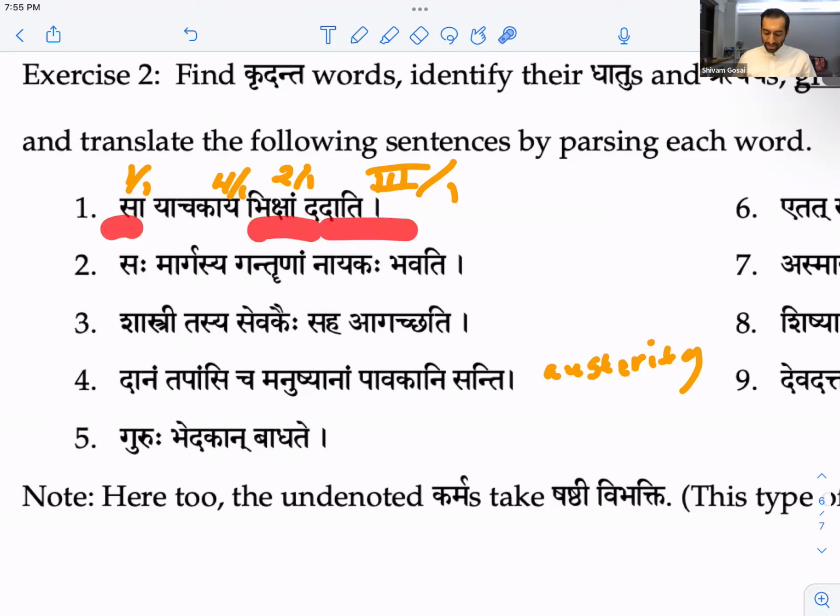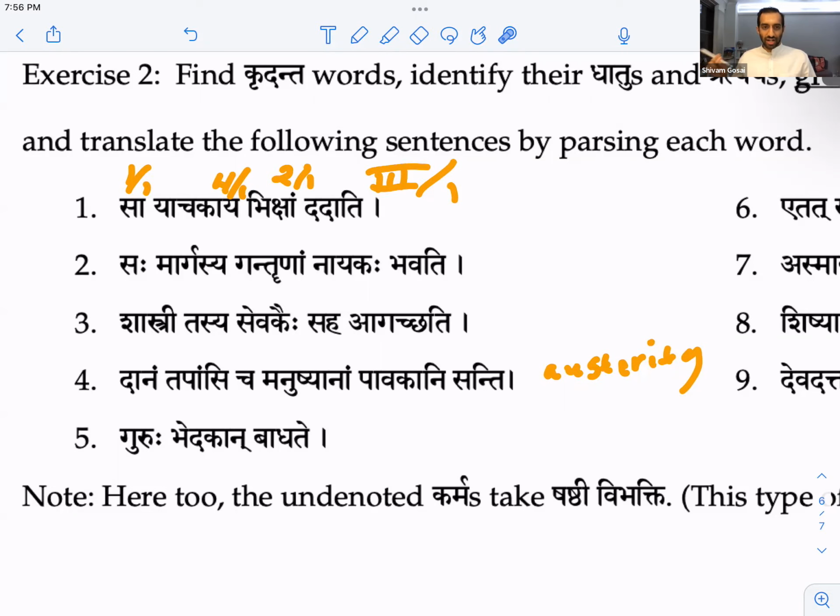She gives bhiksha to the yachaka. Yachaka means one who begs, the beggar, or sometimes a sadhu is called a yachaka. She gives bhiksha to the yachaka, to the beggar, one who begs. Yachaka is yach dhatu, right? Then we're adding nvul.